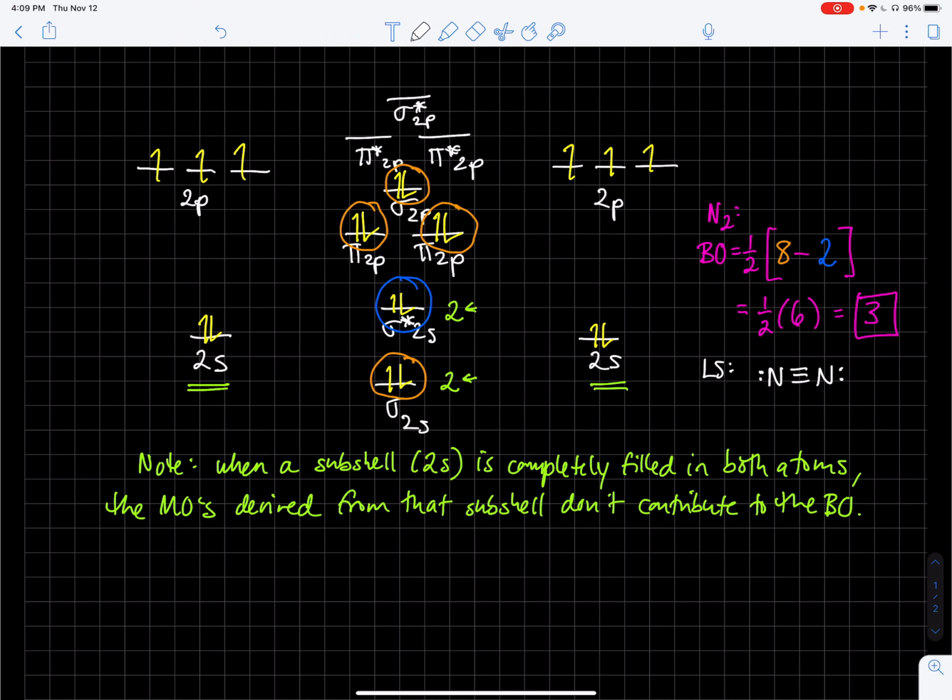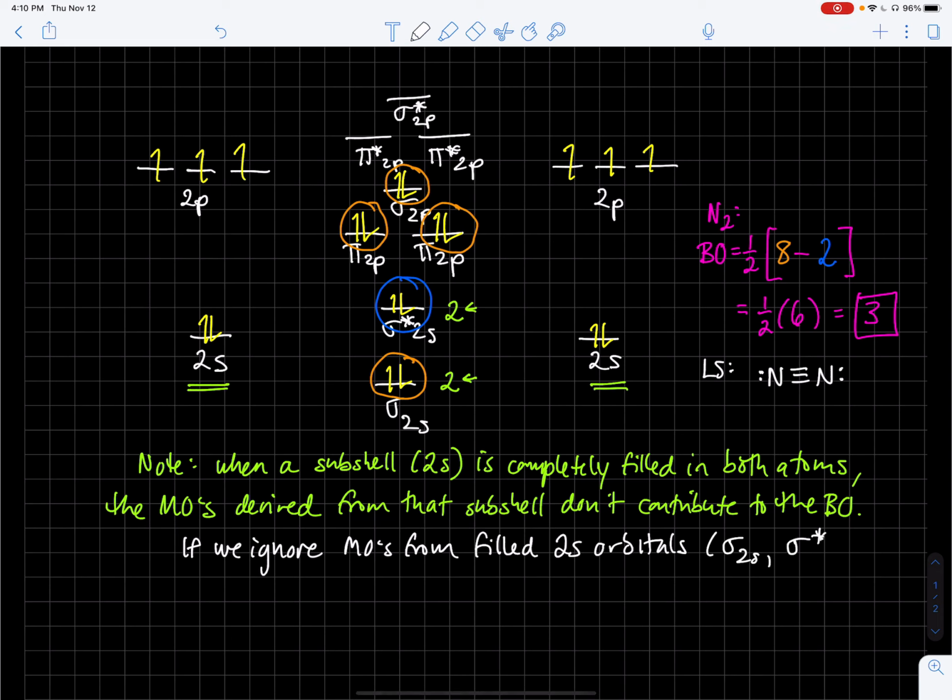As an example, if we ignore the MOs from the filled 2s orbitals, and I'll just remind you that the MOs from the filled 2s orbitals here are the sigma 2s and the sigma star 2s, then our bond order would equal 1/2, and we're ignoring those, we have 2, 4, 6 electrons in bonding orbitals, and up in the 2p section, we actually have 0 in antibonding.